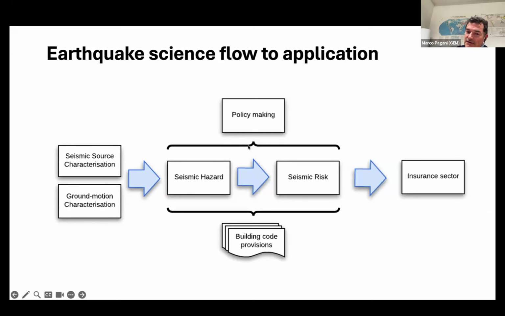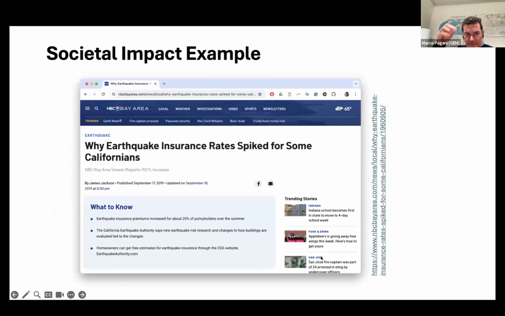The hazard and risk information can inform policy making. The seismic hazard and risk can be used to update and improve building code provisions. And seismic risk can also be used to inform the insurance sector. So these are the three main areas where I think our work can have an impact on different communities.